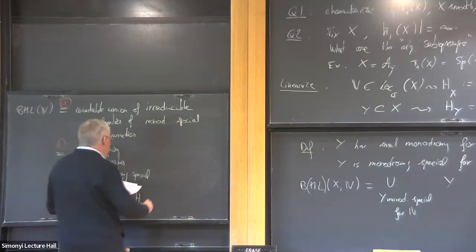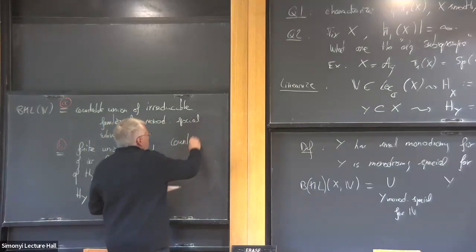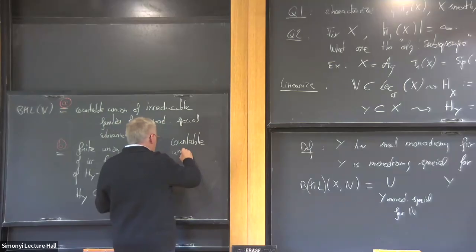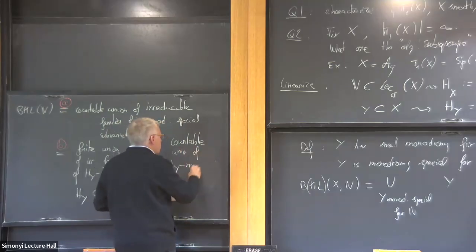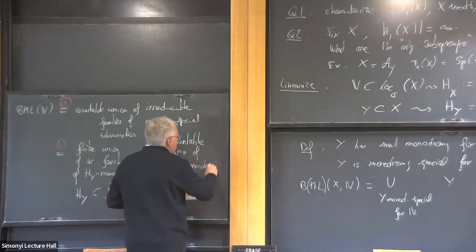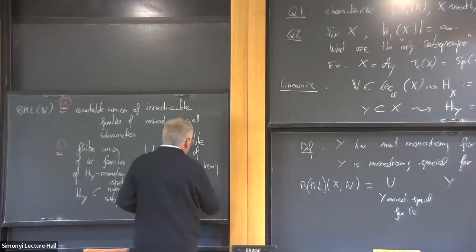Union, a countable union of H_Y monodromy special, so no families, where this time H_Y is not contained in any strict normal subgroup.